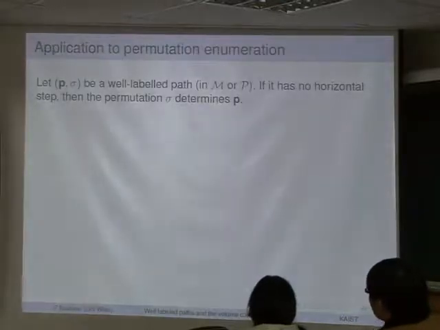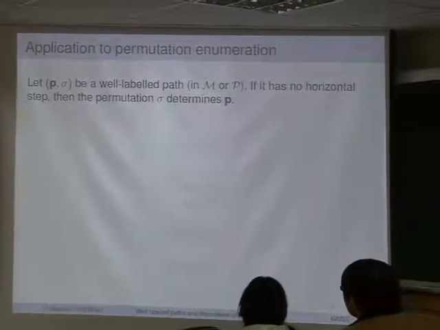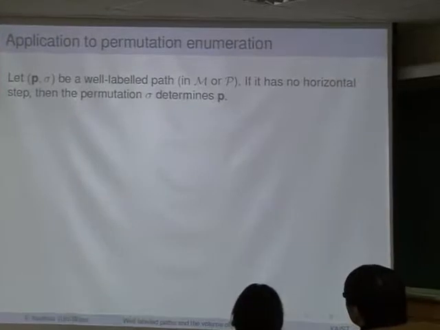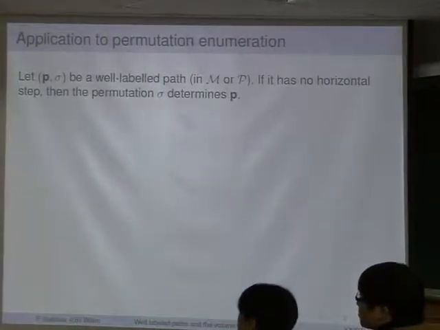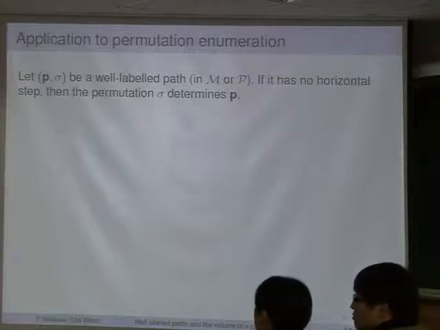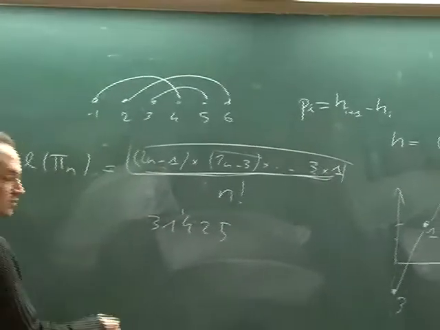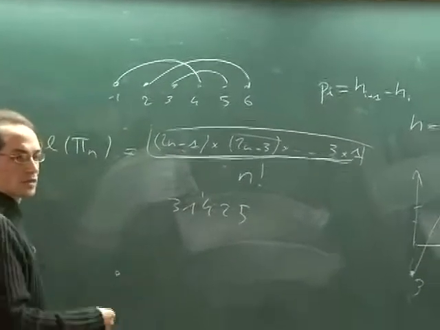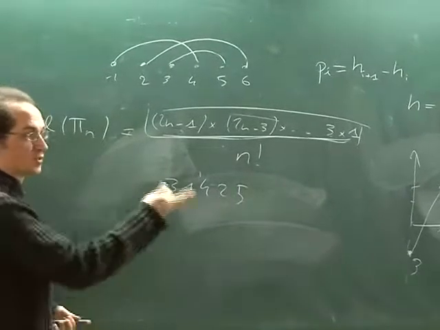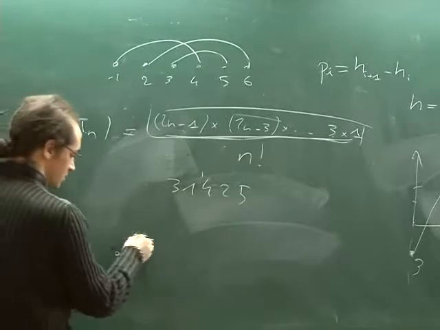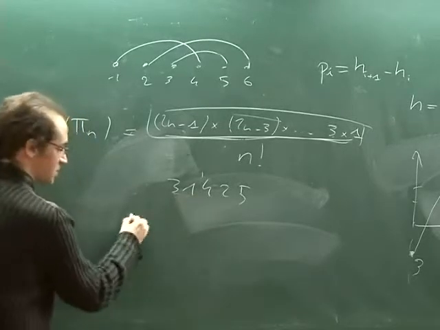So in the end, if you have no horizontal step, you realize that the permutation completely determines the path. Take any permutation, let's say 3, 1, 4, 2, 5, and you want to see what well-labeled path, positive, Motzkin, any kind, would give rise to this permutation. 3 and 1 are in this order, so you have to do the first step this way.